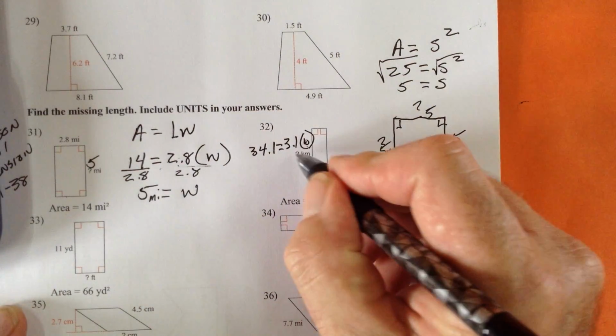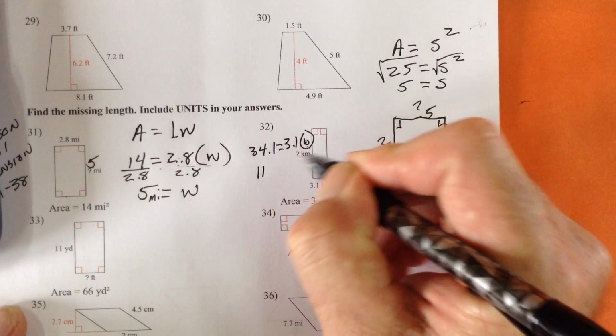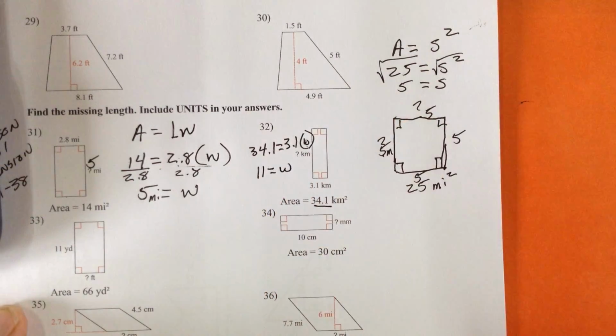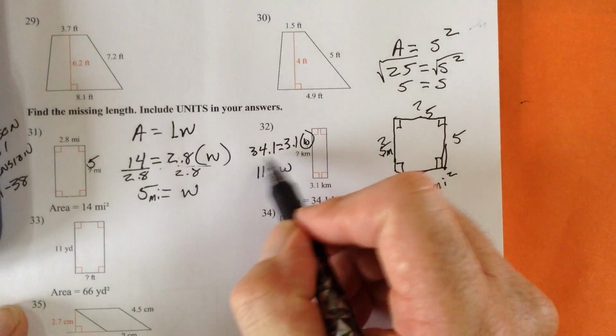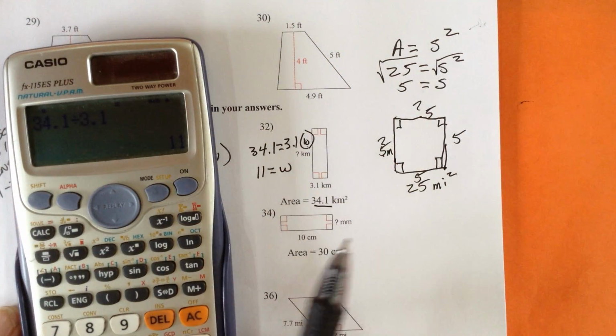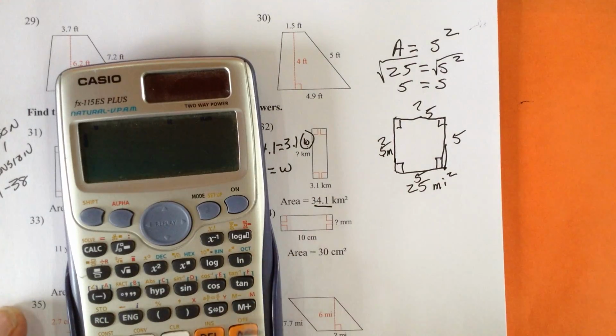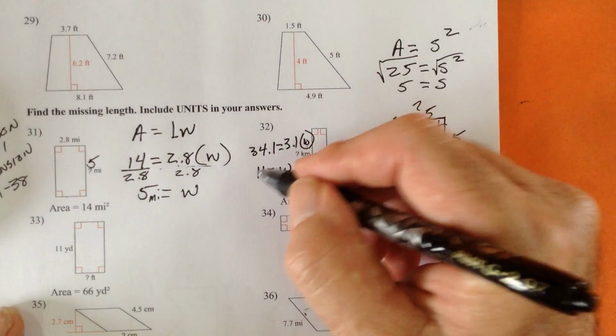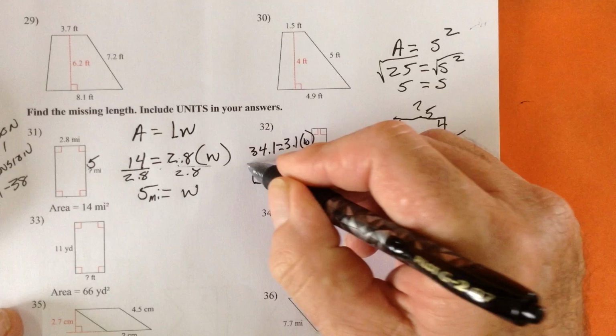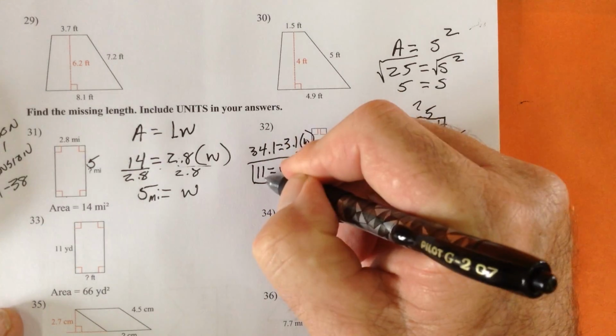So the answer here, this side would be 11. Equals the width. And I could check it. If I go 11 times 3.1, it should come out. If I go 11, clear, I go 11 times 3.1. Yep, I did it right, 34.1. Okay, so that would be the answer to this one, be 11 kilometers.